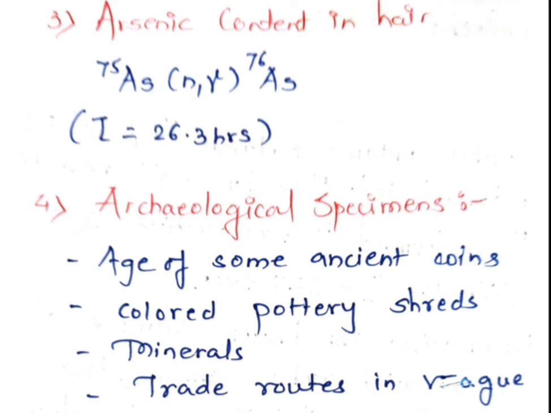Then we will see the next application, archaeological specimens. By using neutron activation analysis, we can determine the precise composition of some ancient coins non-destructively, and the results have thrown light on their historical and geographic origin.